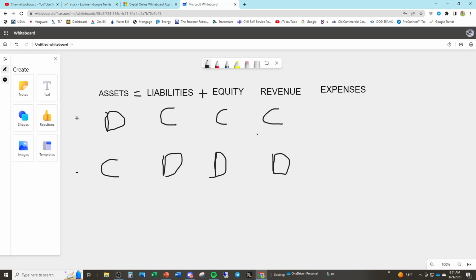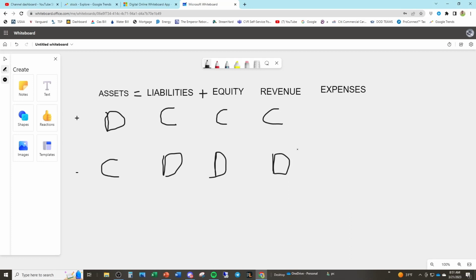Now, why do we credit revenue? Well, if you think about it logically, it's just money coming into the business. It's some kind of value, increasing the value of the business. You're doing work, you're generating revenue, you're making money. That is increasing the equity of your business. So if you think about it, it's the exact same thing as equity. You credit it when it goes up and you debit it to decrease it.